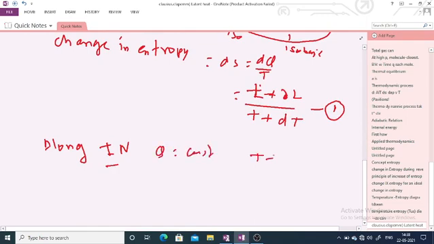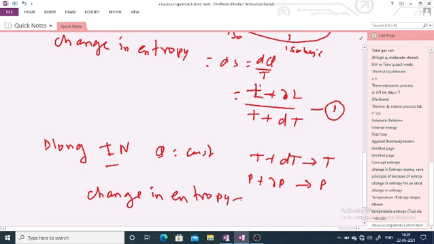So the temperature falls from T plus dT to T, and the pressure also falls from P plus dP to P. Now during this process there is no change in entropy. So the change in entropy is 0. Why? Because dQ is 0.